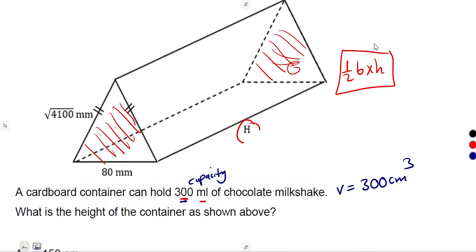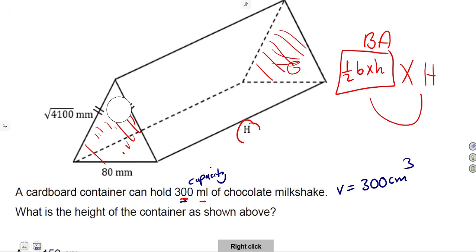So this is our base area times the height. We have volume now. But if we consider that now, we'll see that we do not have the height of the triangle also. Here, this one. The height of the triangle, we do not have it.